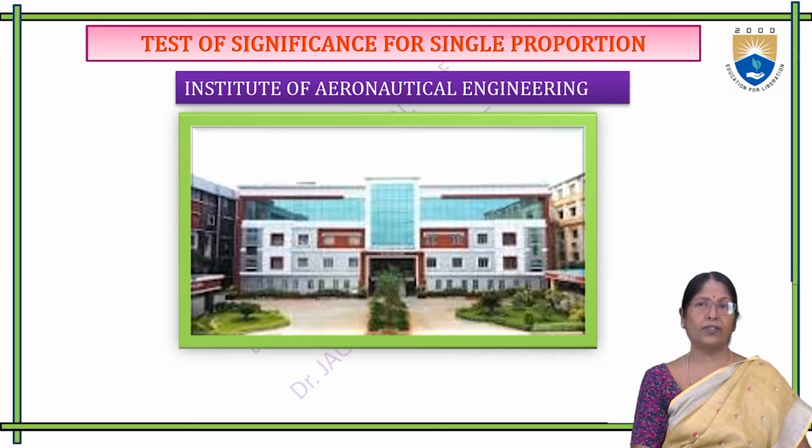Then to analyze that, we select a few colleges as samples. One of the samples is Institute of Aeronautical Engineering. So the sample is IARE, and all the engineering colleges in Telangana are the population. IARE is a subset of the Telangana engineering colleges group.